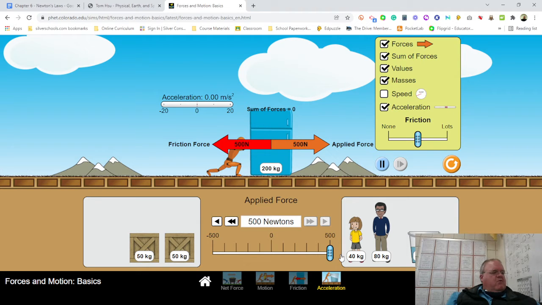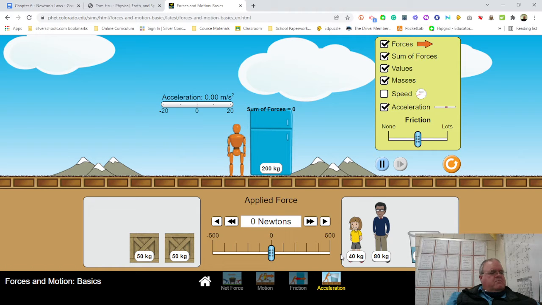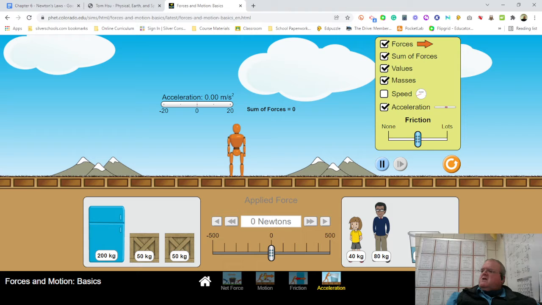So my net force is 0, the mass is 200 kilograms, and my acceleration is 0. Now the net force is in newtons, the mass is in kilograms, and the acceleration is in meters per second squared. So there's our first. So we're going to get rid of this, and we're going to bring up our bucket of water.